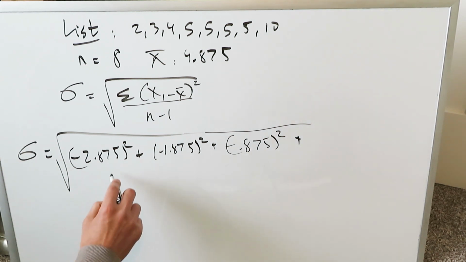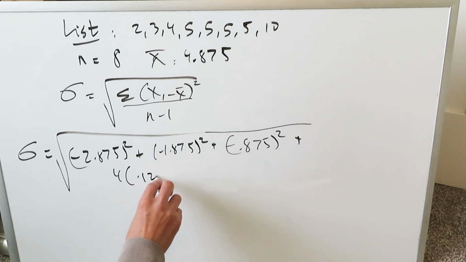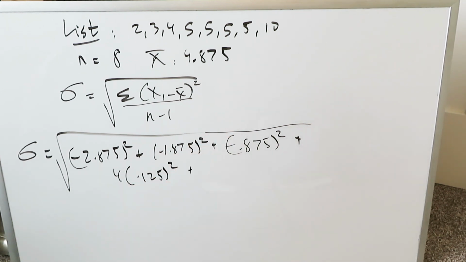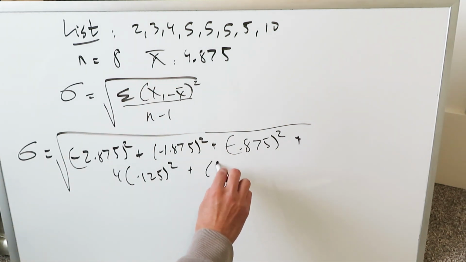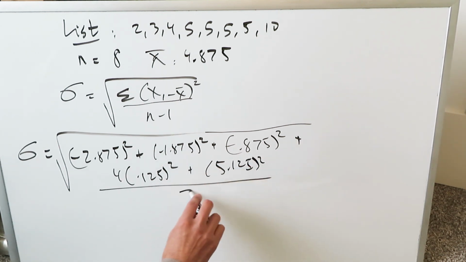I can simplify that. I can just do 4 times the difference squared. 5 minus 4.875, that's a 0.125 squared plus 10 minus 4.875 is like an outlying value. It's quite far away from your mean, 4.875. This would be here 5.125 squared divided by n minus 1, which would be a 7.